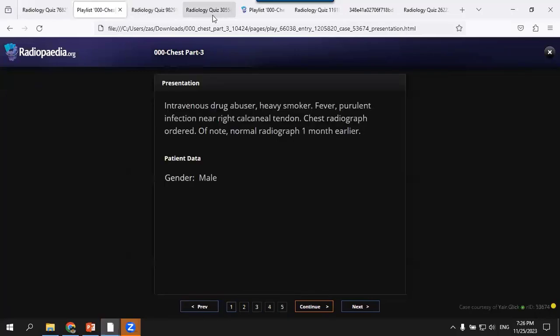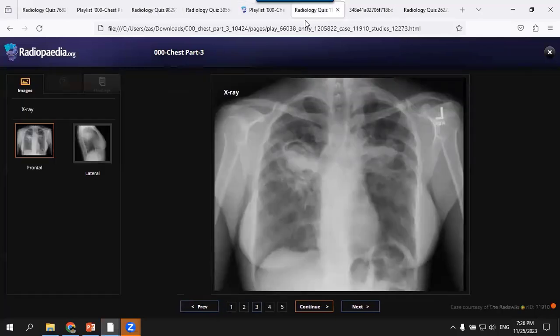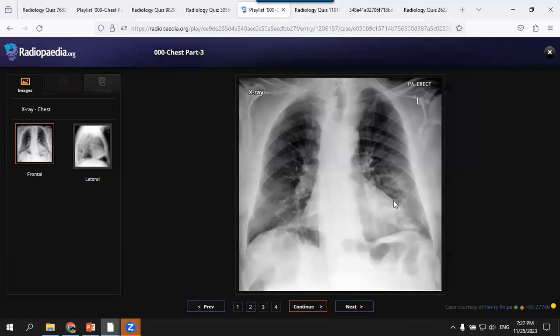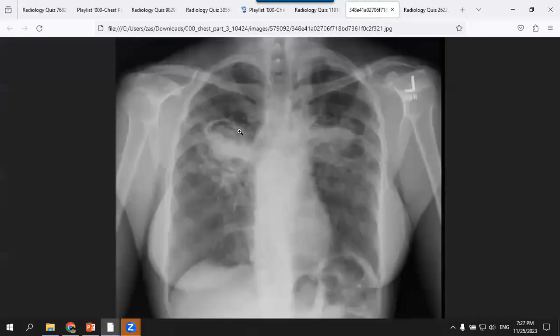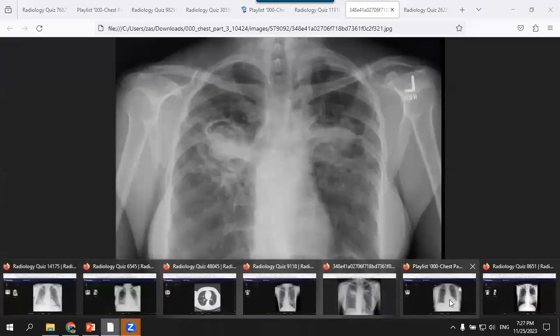And for a solitary cavitating lung lesion, it may be lung abscess, maybe primary bronchogenic carcinoma squamous cell type, and also mycetoma cavity will be on the list. But this has a classic pattern.